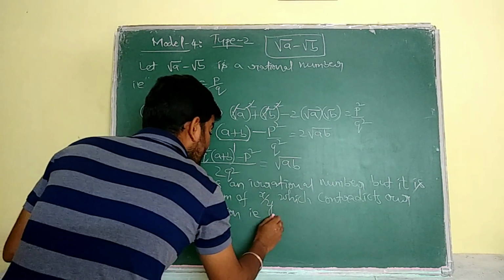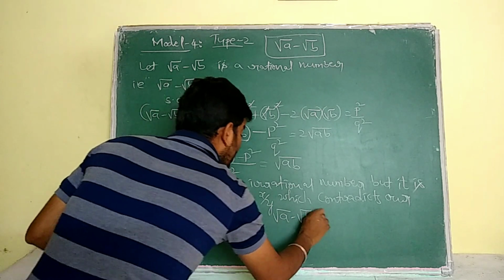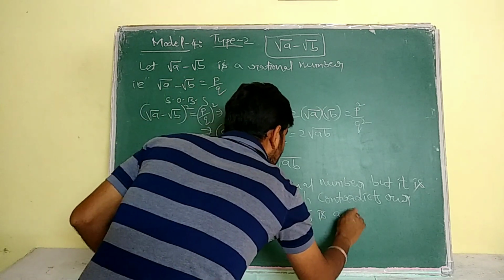That is, root a minus root b is an irrational number.